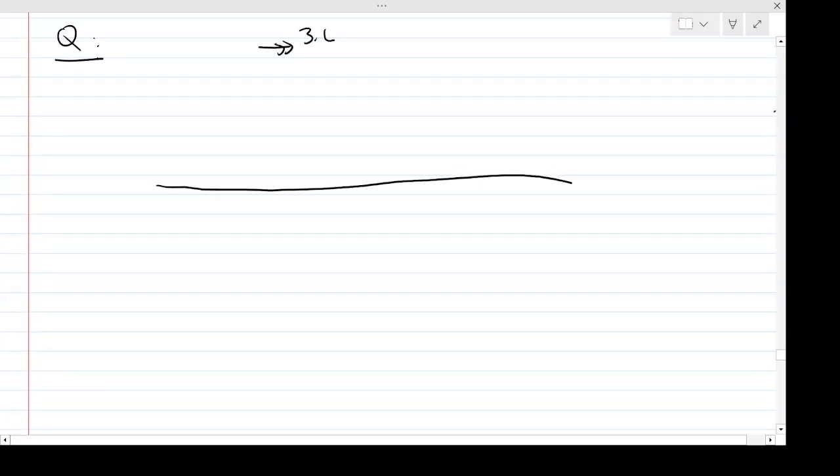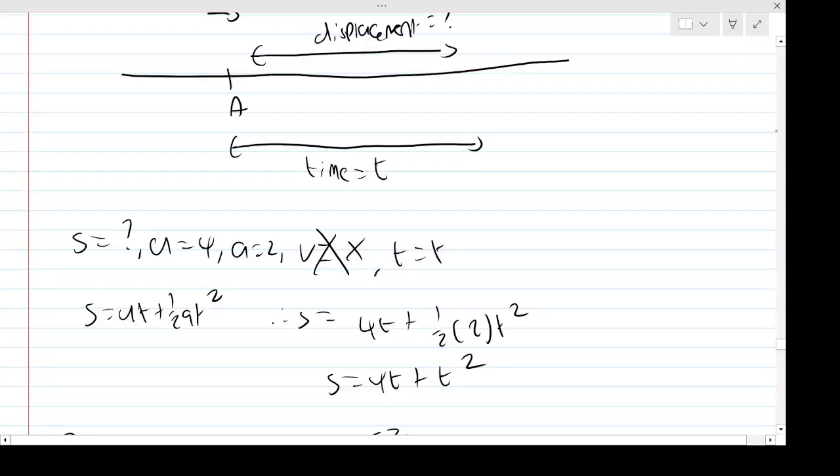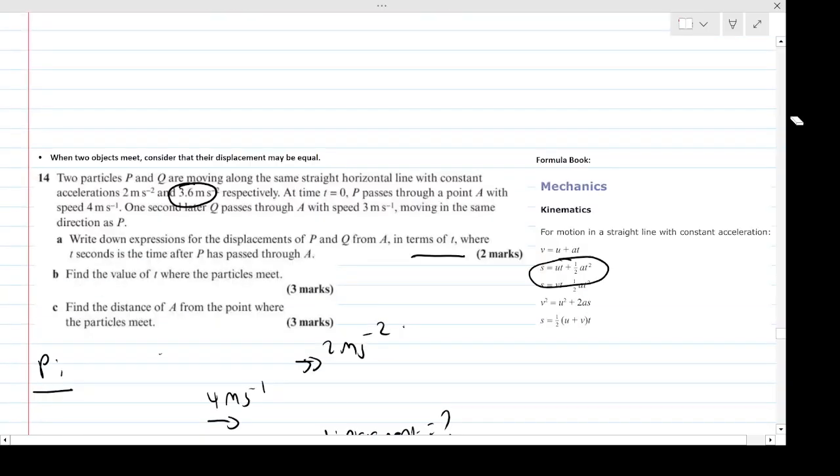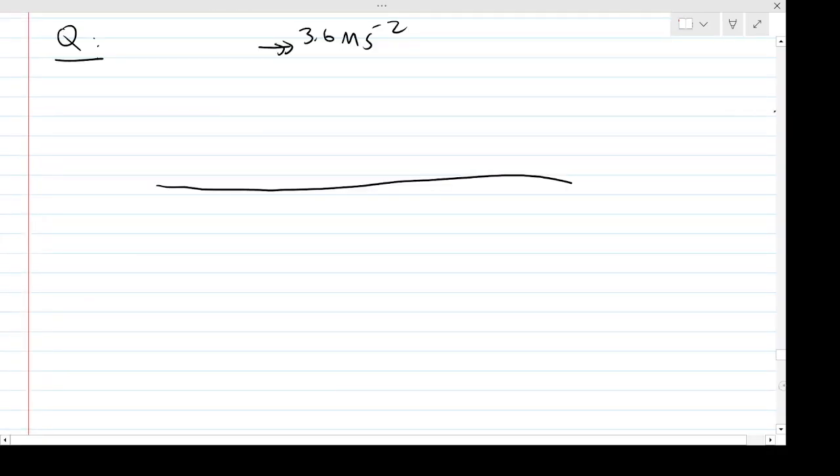So again, it'd be moving forwards, it'd be speeding up because it's positive acceleration. So it will not be moving backwards. I'm also told the speed of Q when it passes through A, the speed is 3. Okay. So again, at A, the same point, it's 3 meters per second.